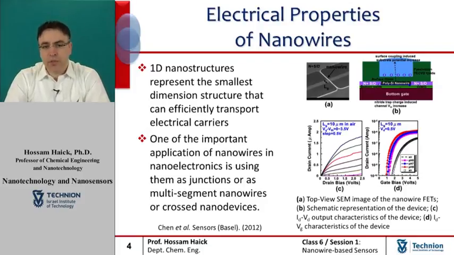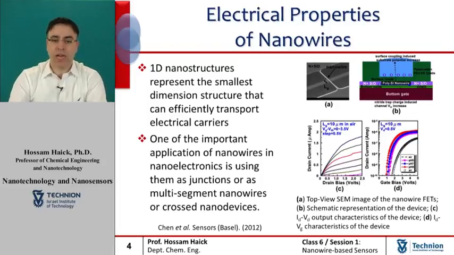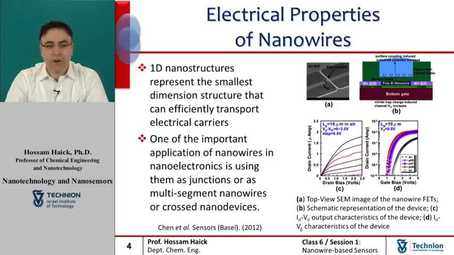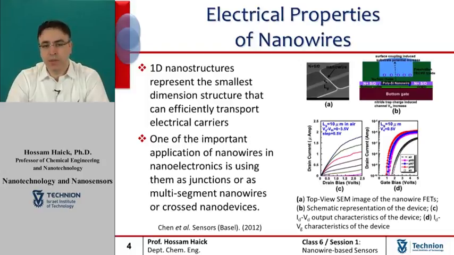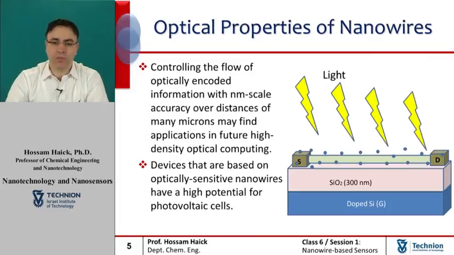This only happens for short nanowires with length comparable to the mean free path of the carrier or the electrons. For nanowires with length much larger than the carrier mean free path, the electrons, or on the other hand, the holes, undergo numerous scattering events when they travel along the wire. In this case, the transport is in the diffusive regime, and the conduction is dominated by the carrier scattering within the wires.